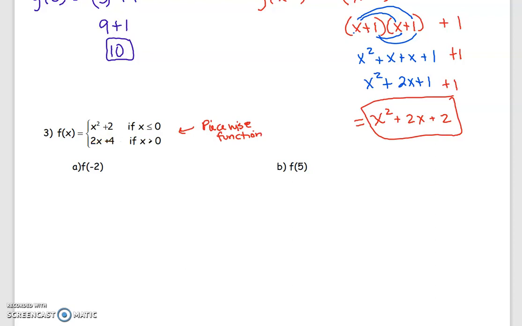We're going to plug it into this one because here, negative 2 is less than 0, yes. So we're going to plug it into this top. We're going to use the first piecewise because negative 2 is less than 0.